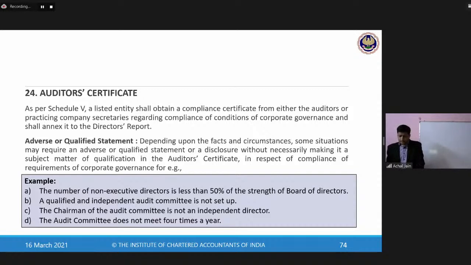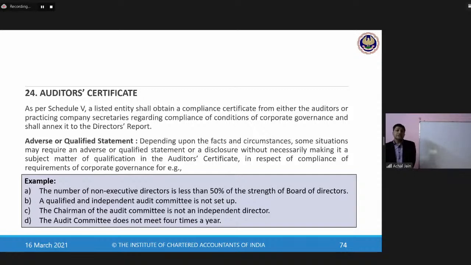Number one, the number of non-executive directors which was required to be in place is less than 50% of the strength of board of directors. Now, this was a mandate, but this was not fulfilled. So, this would be one of the examples of reporting in that certificate.